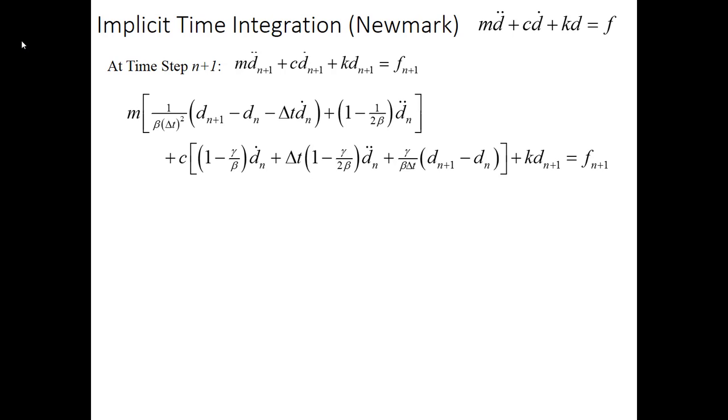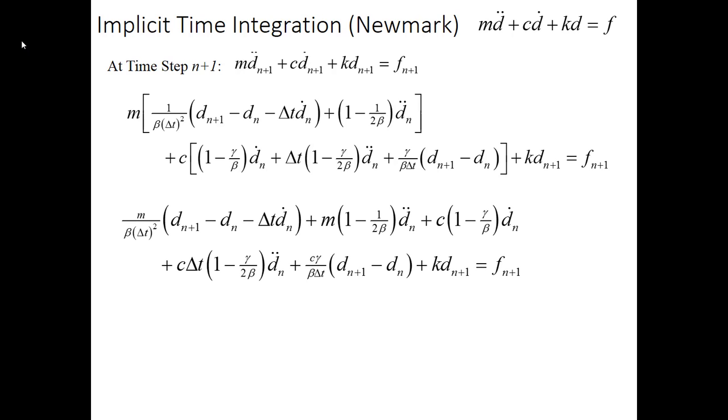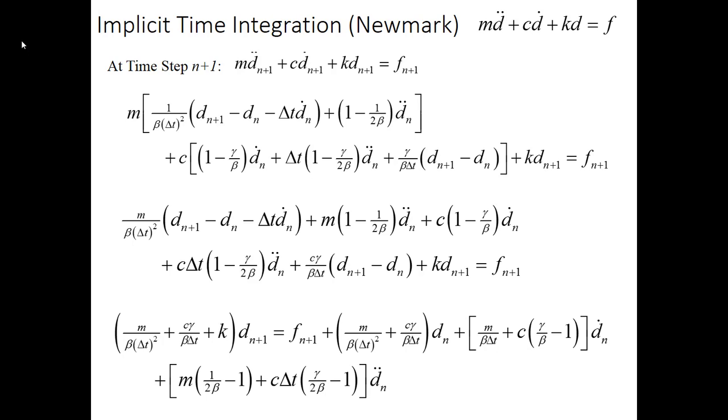Now I simply need to rearrange terms so that I get all the displacements with n+1 on the left side, and everything else on the right-hand side. First, I multiply the m and the c through everything, and then secondly, I gather terms. On the left-hand side, I've got the mass, damping, and stiffness terms all multiplied by my displacement at my next time step.